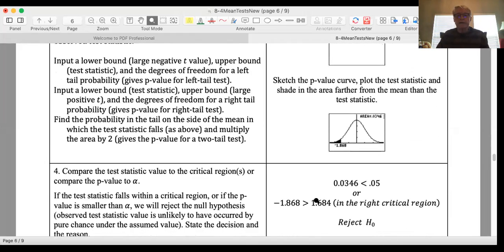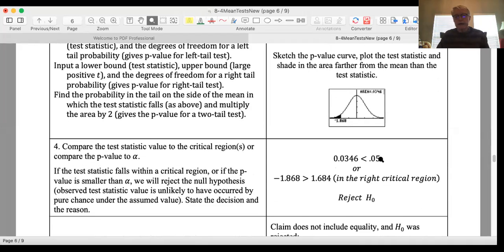So in our decision, we would say that we're rejecting H0, because the p-value 0.0346 is less than alpha, which is 0.05. Or we would say, if we're using the critical value approach, that the test statistic negative 1.868 is farther from the mean than, there's an error in here, it should be negative 1.684.